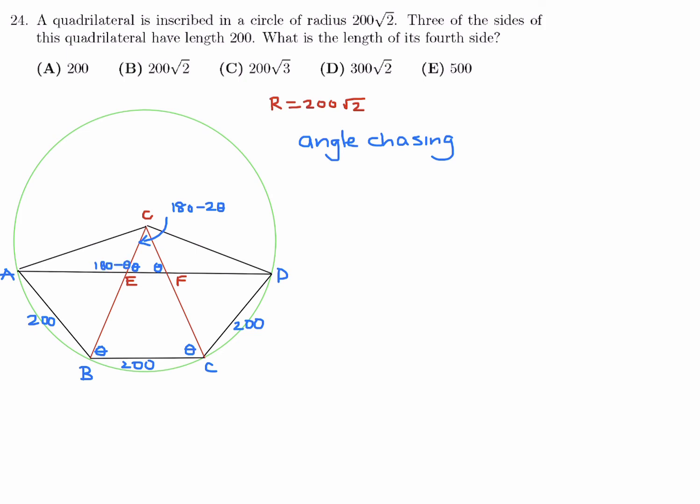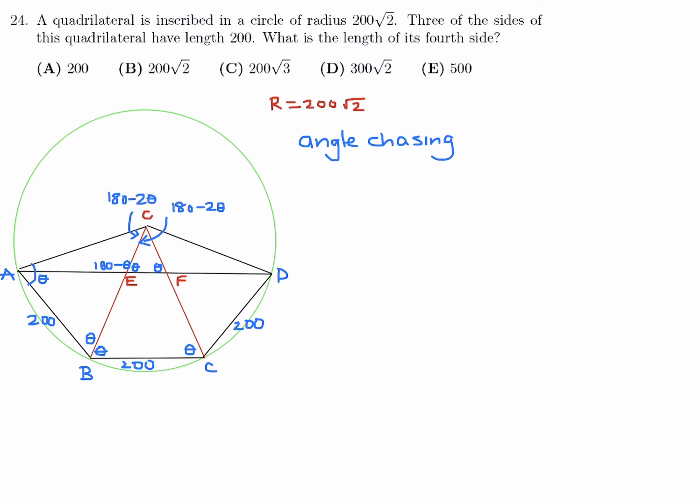And then similarly, this and this are also theta because basically it's the same triangle. This is the same as the other one, this guy. They have the same side lengths, two radii and 200. So this is theta, and this whole thing is theta.